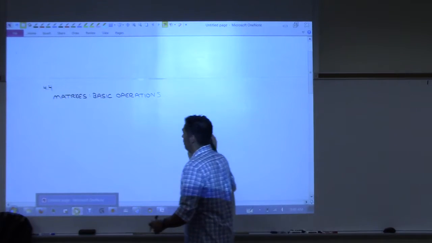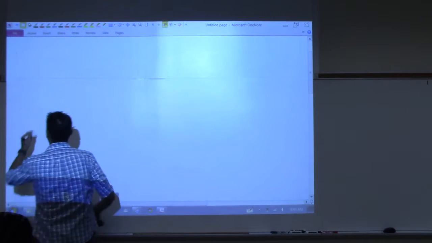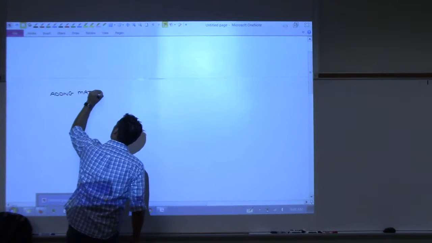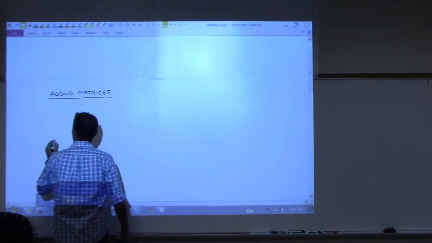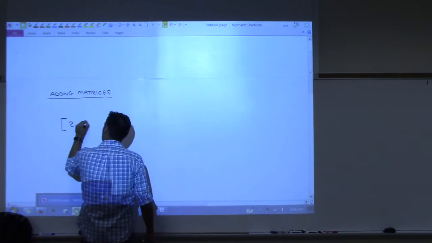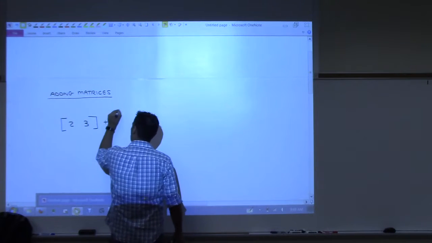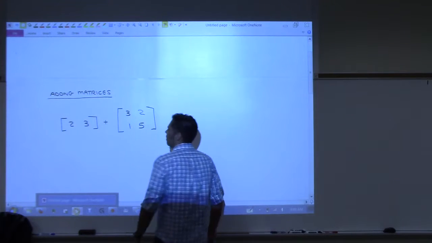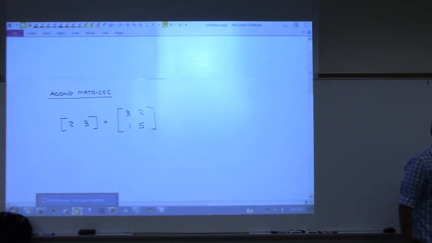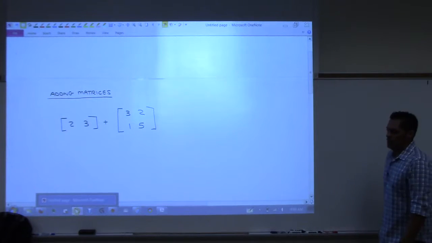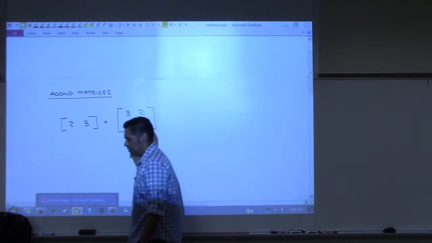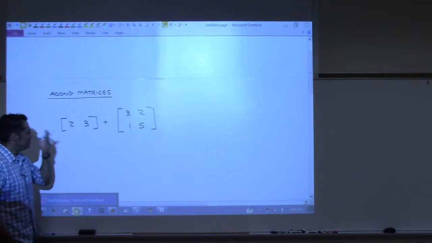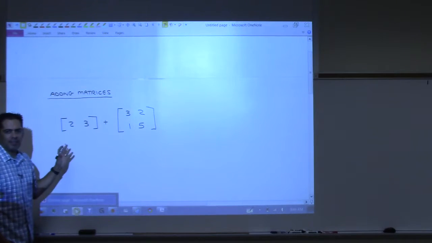So let's try and add matrices. Can anybody look at that and just within your own brain, does it seem to you like there's any reasonable way to add these together?